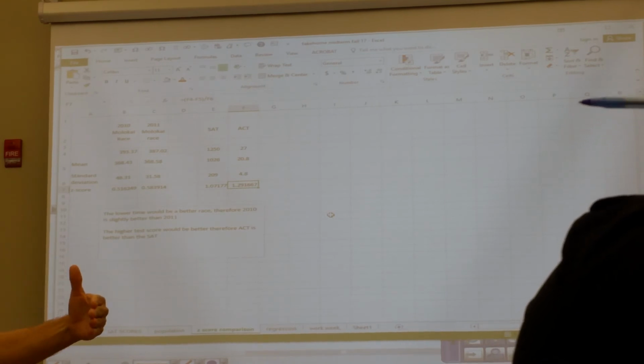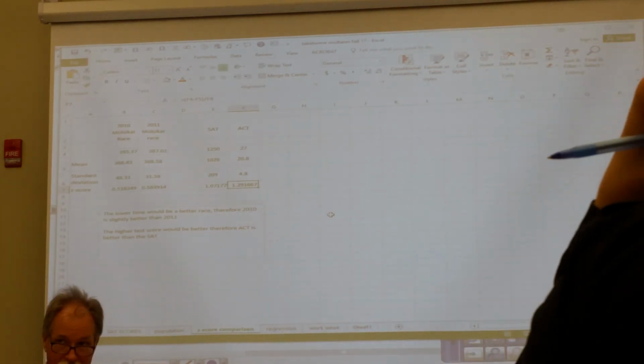So my score here of 27 is about 1 1/3, 1.29, above the mean. Whereas here, my score is just a little over 1 standard deviation above the mean. So this test score is better.